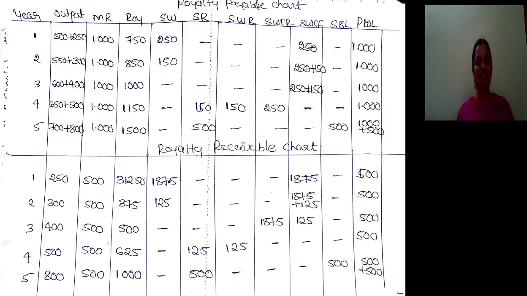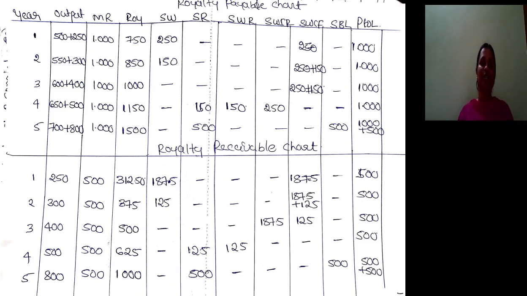So what this royalty receivable chart says is that first year there is short working, it is carried forward. 2nd year also there is short working, it is carried forward along with the first year. 3rd year it is equal. So 2nd year short working, first year short working, 3rd year is the last year to recoup, so that was transferred to profit and loss account, and 2nd year short working carried forward. 4th year situation is where excess is used to recoup short working. 5th year situation is where excess is not used to recoup short working.